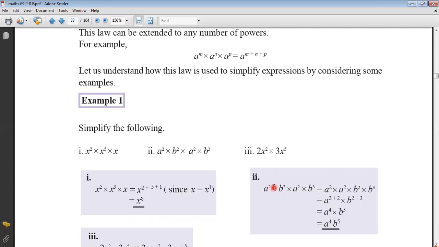So second power of a and the second power of a, write them together. Then the second power of b and the third power of b, write them together. Then you can add these two, 2 and 2, 4. Then you can add these two, 5. Fourth power of a and fifth power of b.